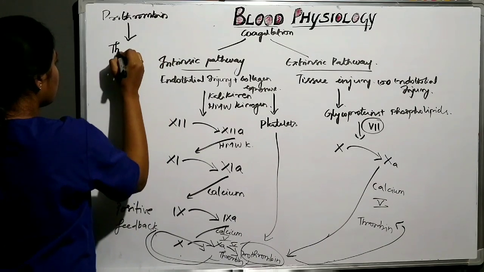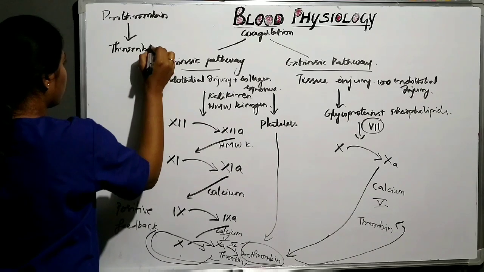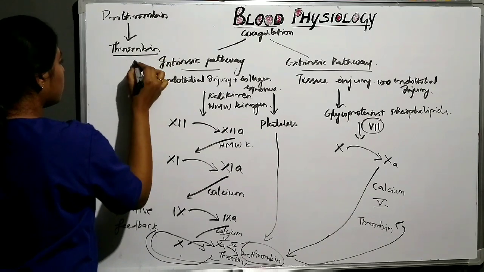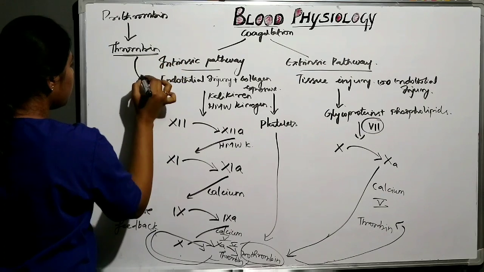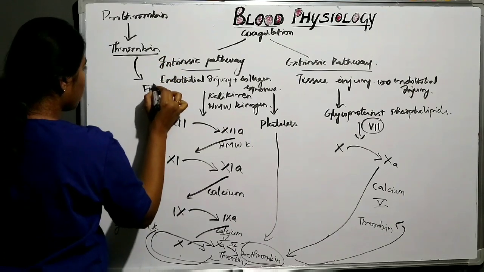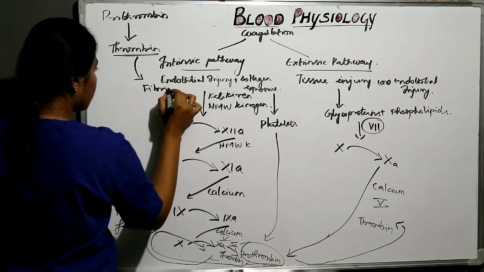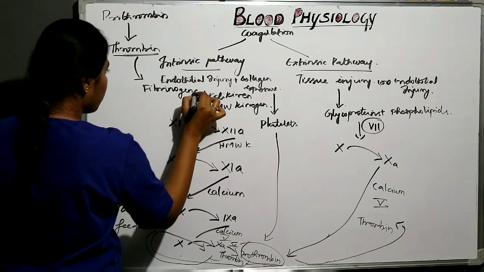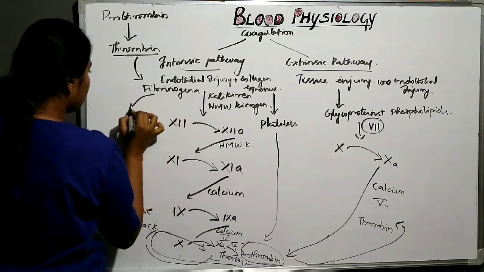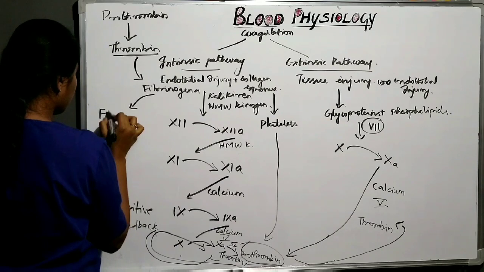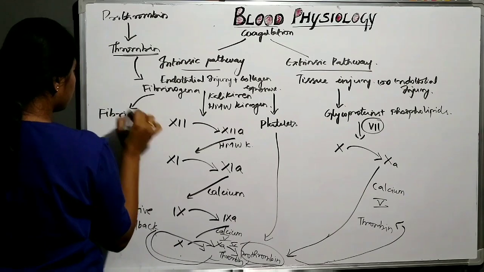Then the activated prothrombin forms thrombin. So thrombin acts as an enzyme in the conversion of fibrinogen into loose threads.